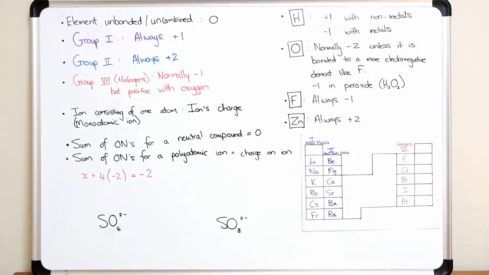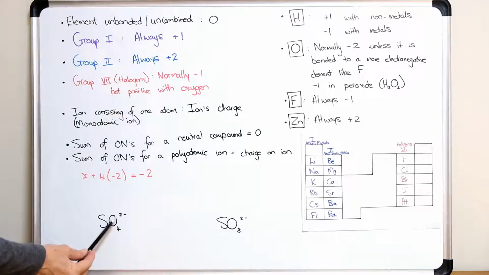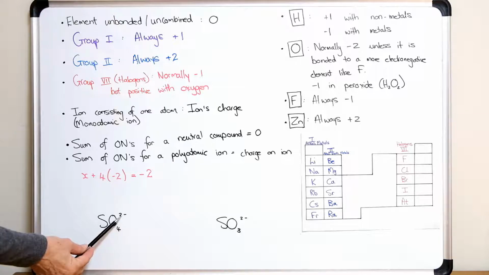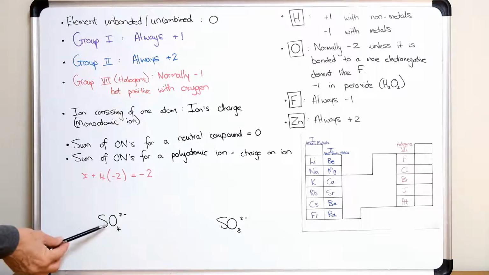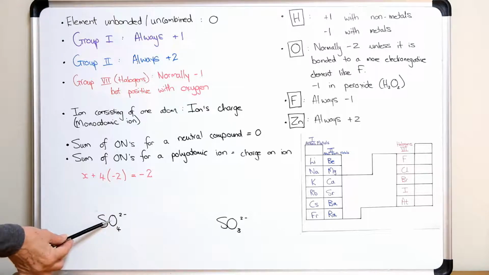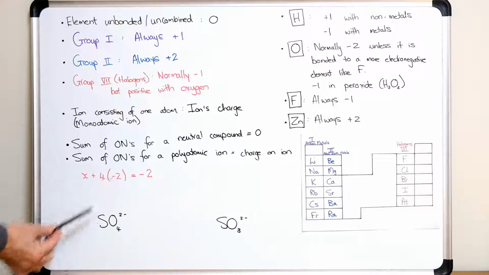We make an equation with the total charge equaling -2 because the total charge of the polyatomic ion is 2 negative. So there's the -2, which is this -2. Each oxygen has an oxidation number of -2. There are 4 oxygens, so we say 4 times -2.